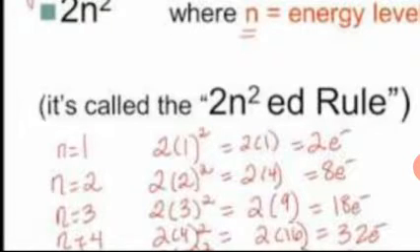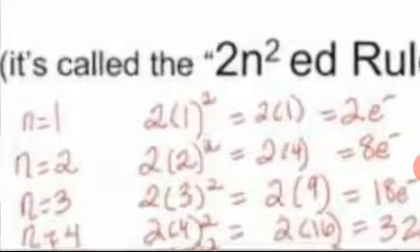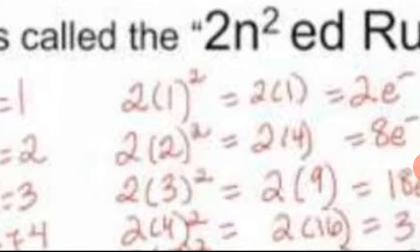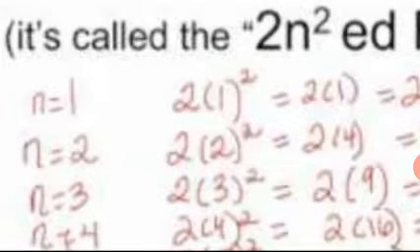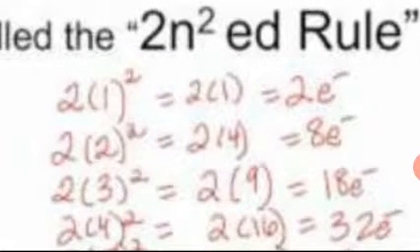If n is 1, then 2 times 1 squared equals 2 times 1, and that is 2 electrons in K shell. If n is 2, then 2 times 2 squared becomes 8 electrons, then 18, then 32. So these are the maximum capacities of electrons in different shells: K 2, L 8, M 18 and N 32.